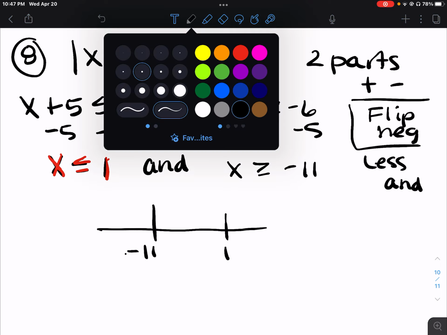Okay, so x minus 9 is bigger than 5 or less than -5. Okay, two parts, flip on the negative, but greater is more is or. So x is bigger than 14 or x is less than 4.